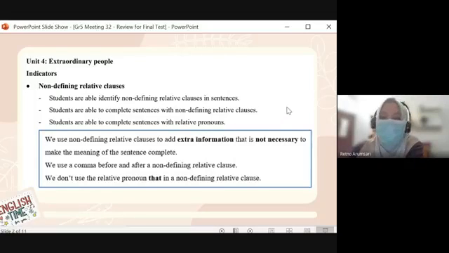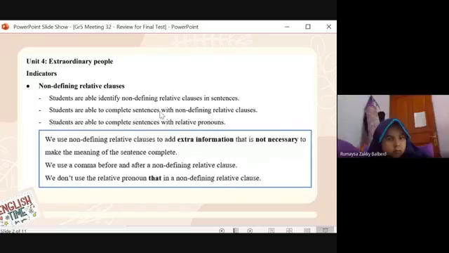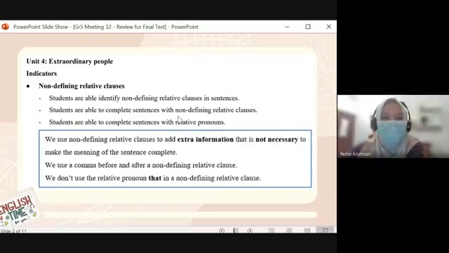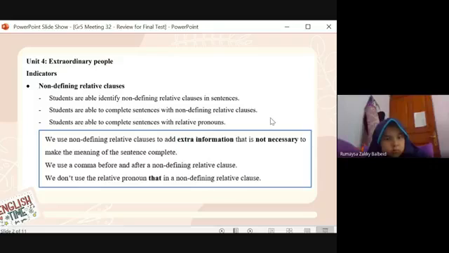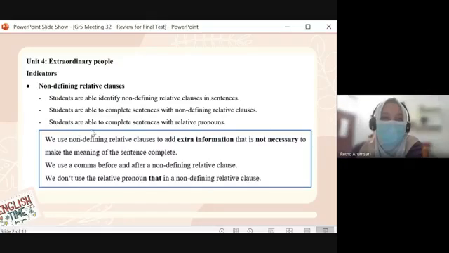Just like what you had in your test. And you need to be able to complete sentences with non-defining relative clauses, and with relative pronouns.